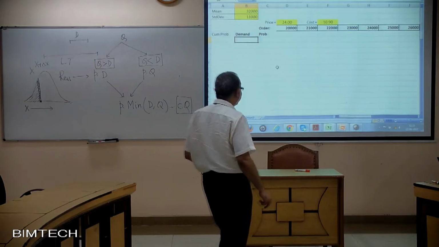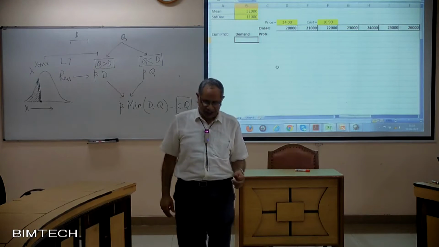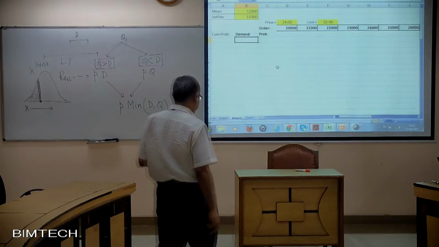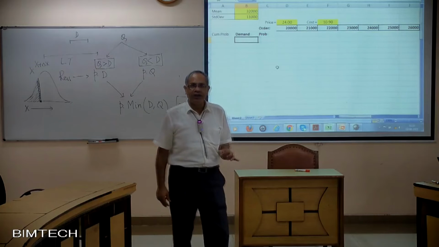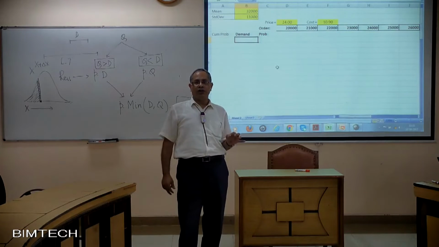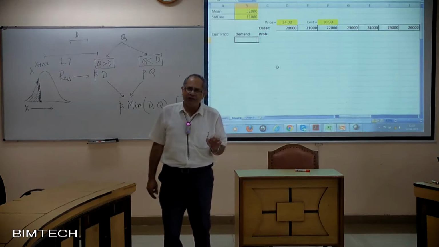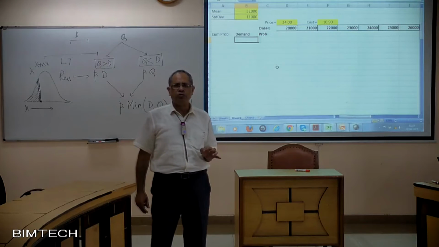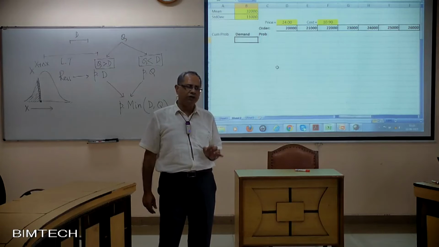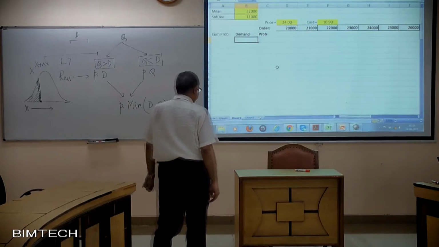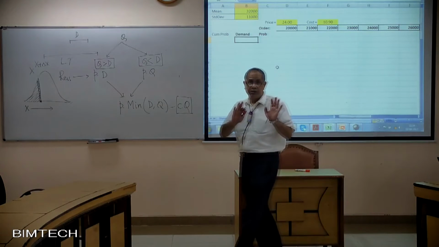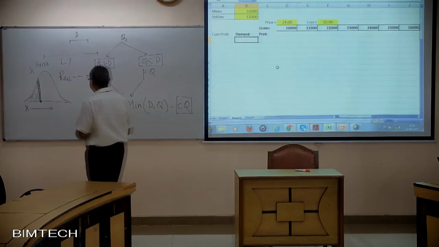Well, very frankly speaking, theoretically maybe, but we can find out the upper bound on the demand, which means that we can have an estimate of the maximum possible demand. And how are we going to do that? Well, we are going to use our normal distribution. Remember, the demand is normally distributed.